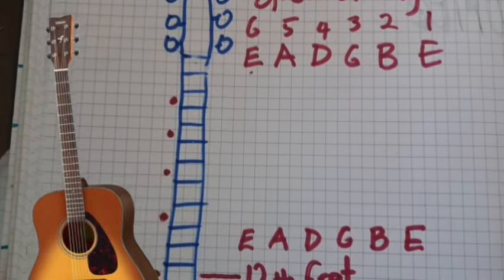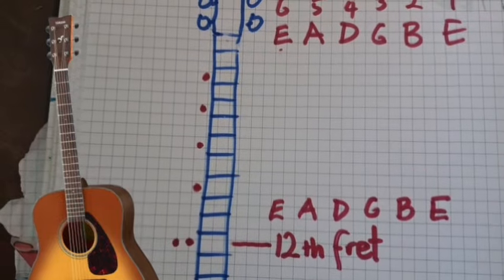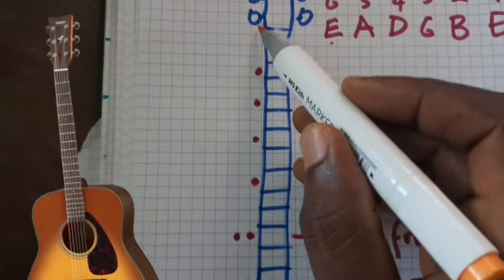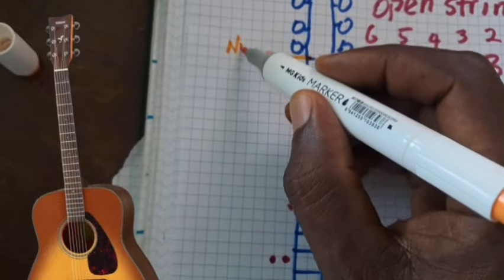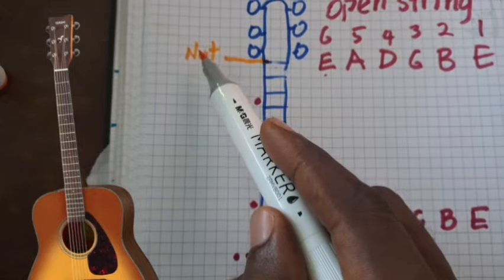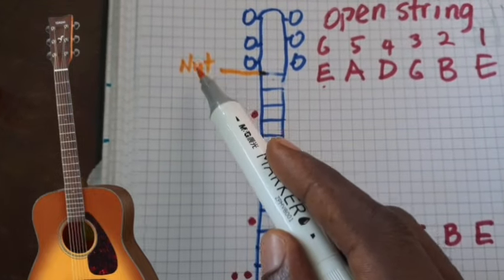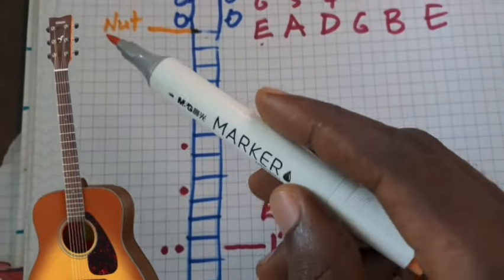So the second point we want to bring to our notice is in terms of this dot, this knot here. In one of our lessons, we said the knot represents a fret. Now, this is what we mean practically.